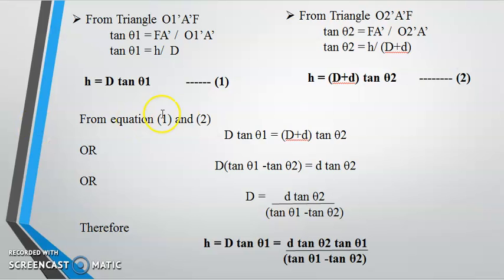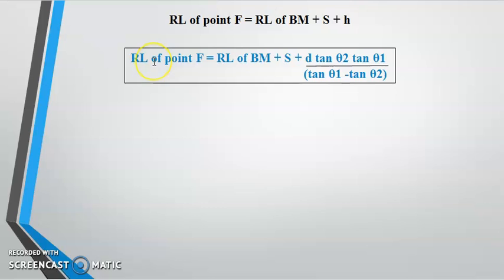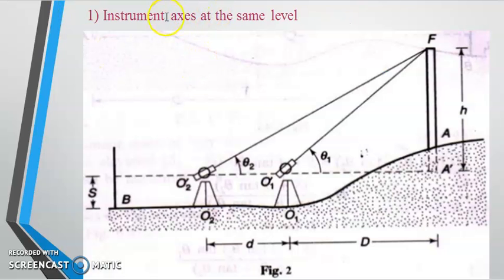Now we have derived the equation for H. Therefore, the final RL of F will be equal to RL of BM plus S plus the equation for H, wherein D is known, theta 2 is known, theta 1 is known. S also is known to us, as it will be a backside reading on the staff kept at benchmark, and RL of benchmark should be known to us. So this is the first case wherein the axis of the instrument is at the same level.